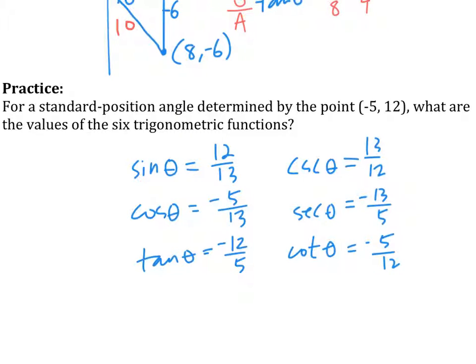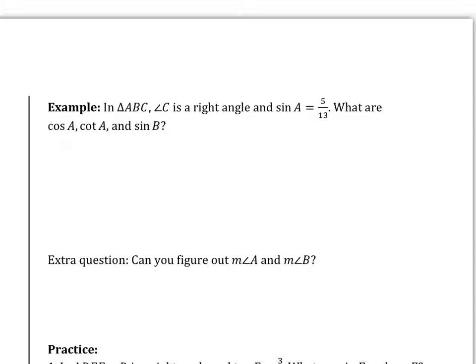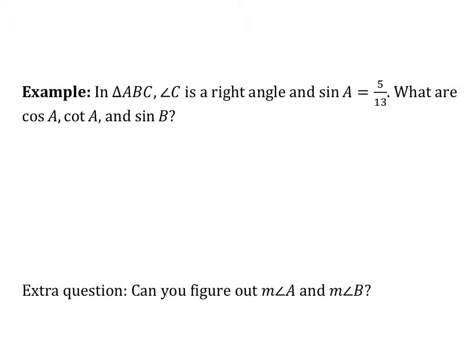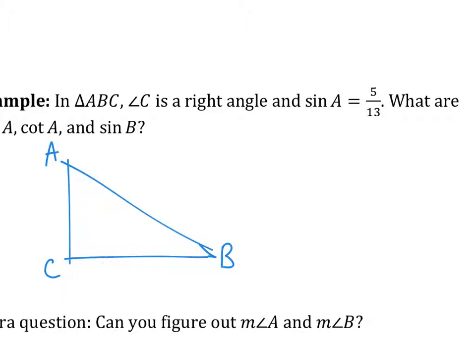Okay, let's look at another question. This one is a little different. Make sure you read the wording. This one says, in ABC, C is a right angle. So it's just a normal triangle. It's not in space where there's 4 quadrants. You just have a right triangle, and C is a right angle, so this one's C, and it doesn't really matter where you put A and B. Sine A is 5/13.